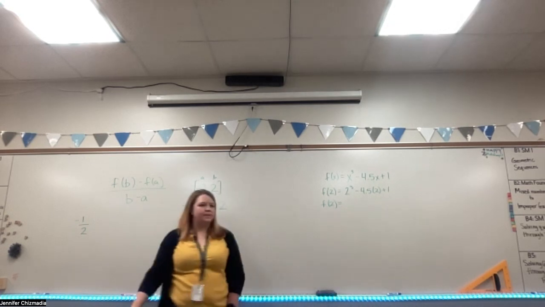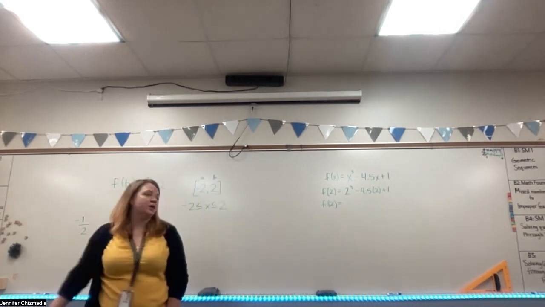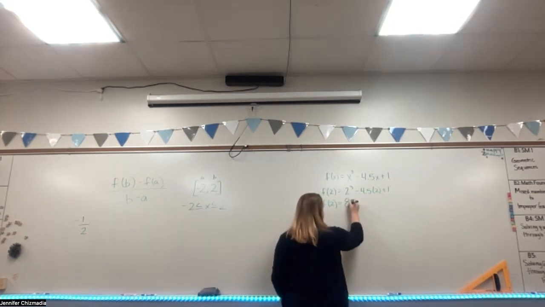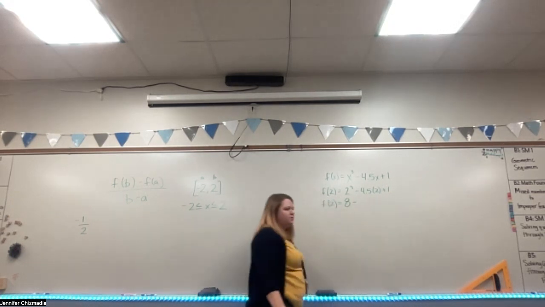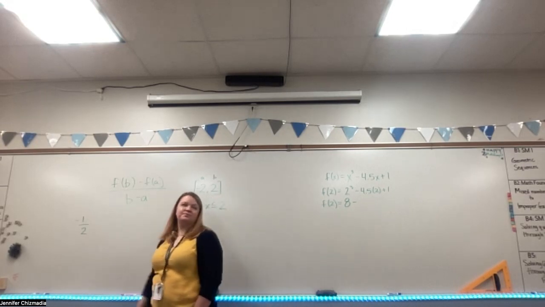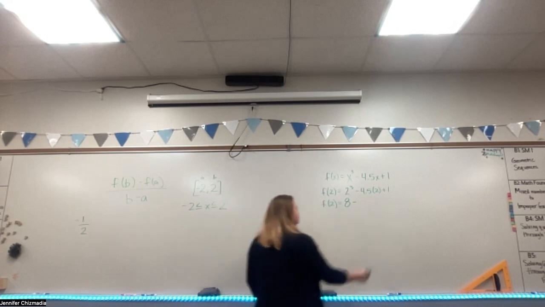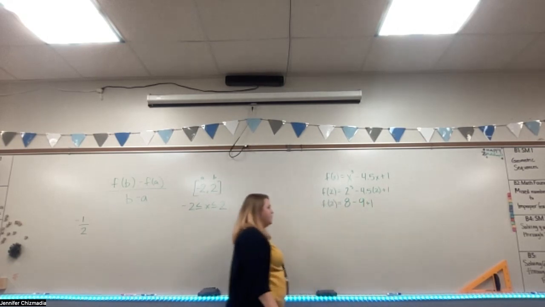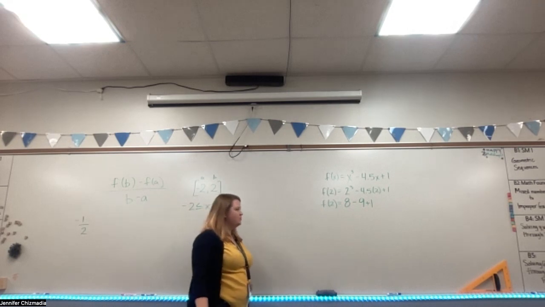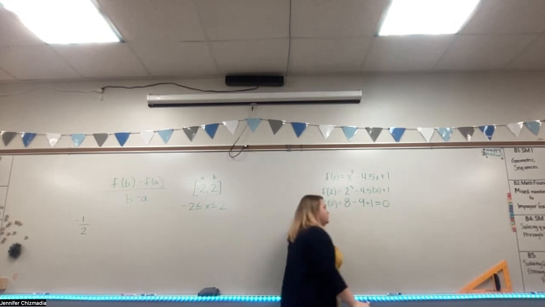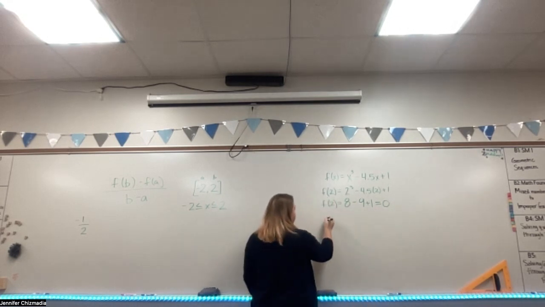What is 2 cubed? 8. 2 times 2 times 2 is 8. 4.5 times 2? 9. All right, so what's our answer? 0. That is 0.